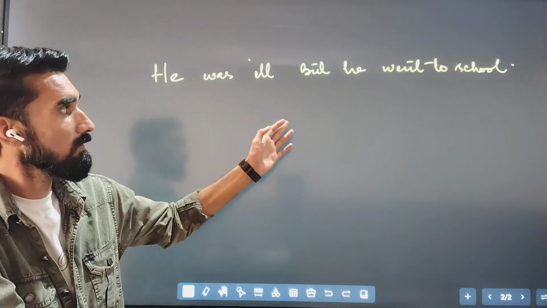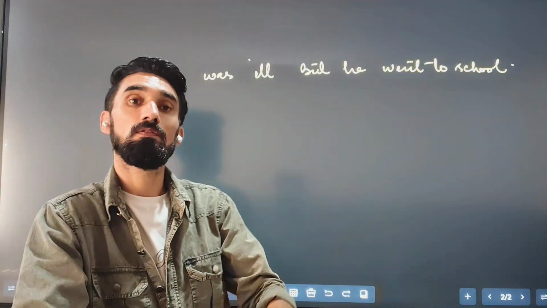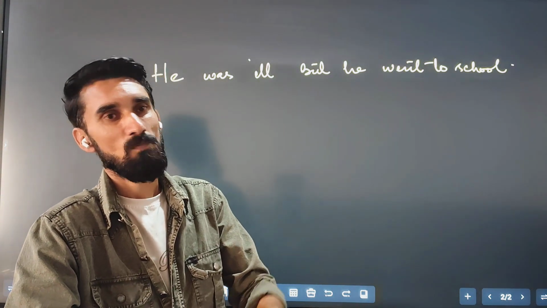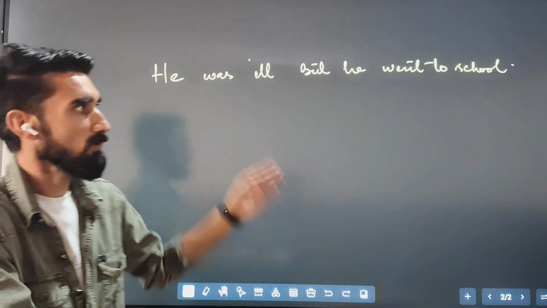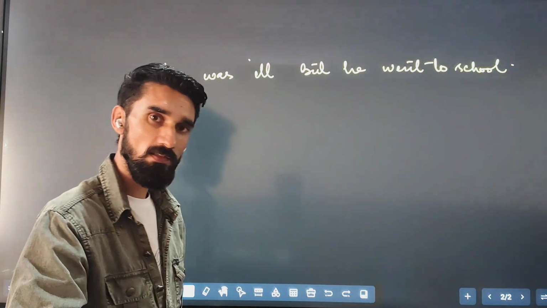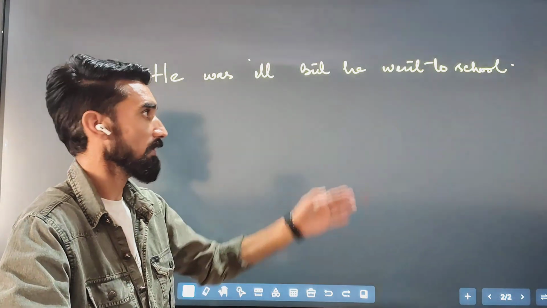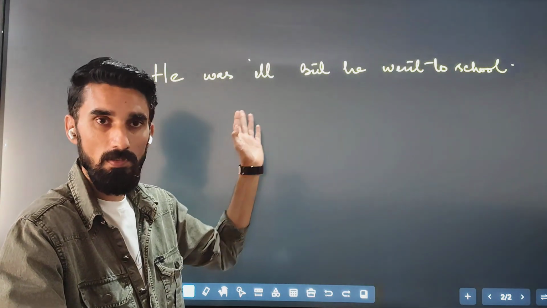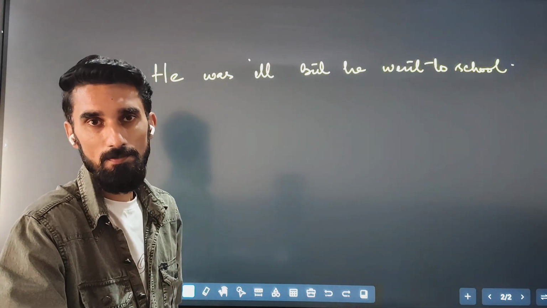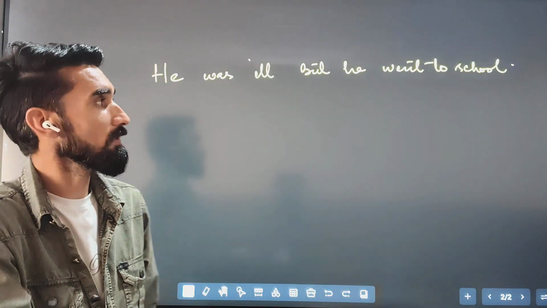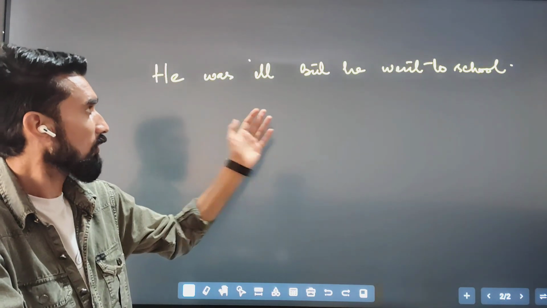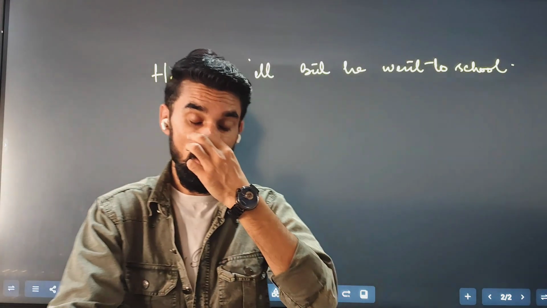He was ill, but he went to school. You can see it has been joined by a coordinating conjunction here, and both of the clauses you'll find are independent in their meaning. So obviously, which sentence is it? A compound sentence.